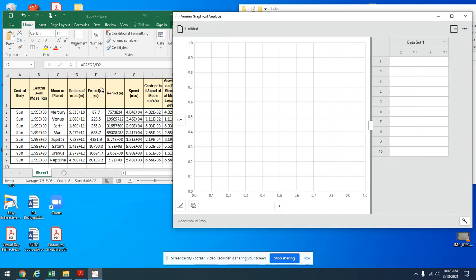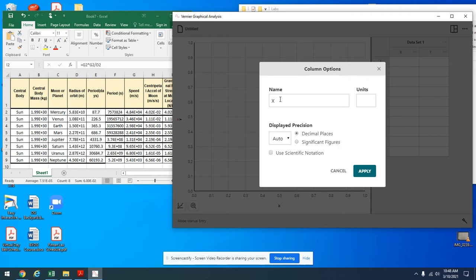So to do that, I need to get some of the things in here. I'm going to need the period here. So column options. This is the period in seconds. I want days, and I think I want it to use scientific notation. See how that goes. I can always change that.